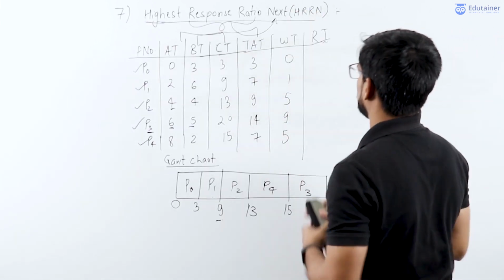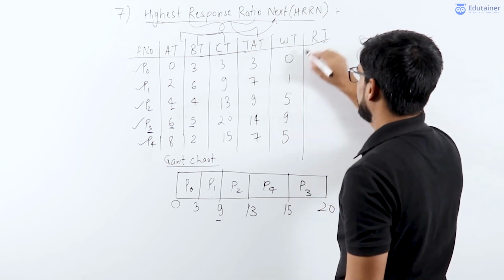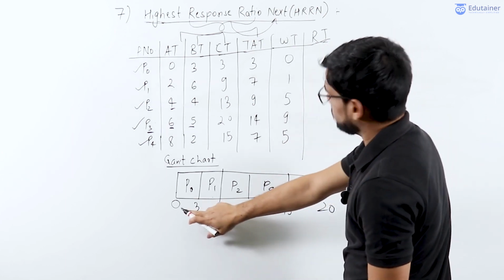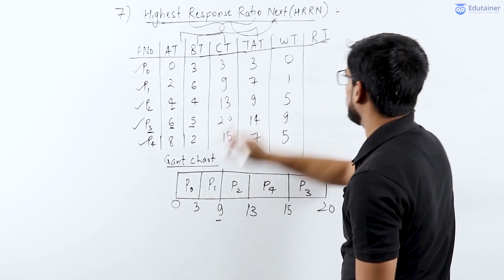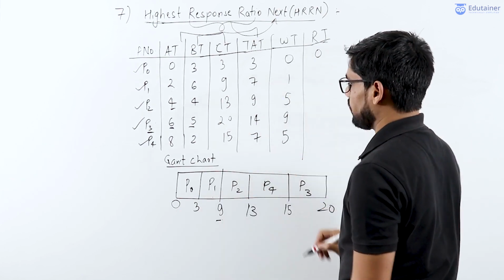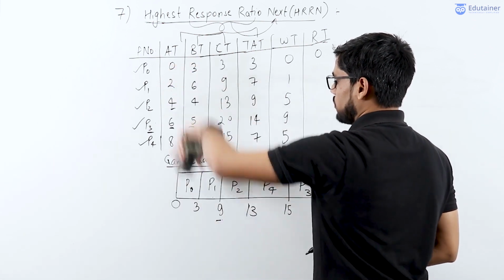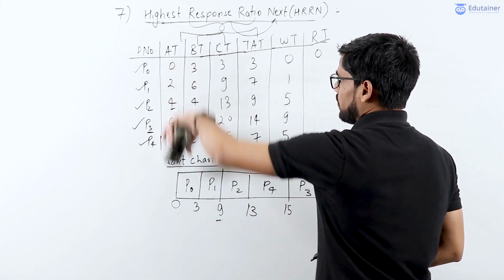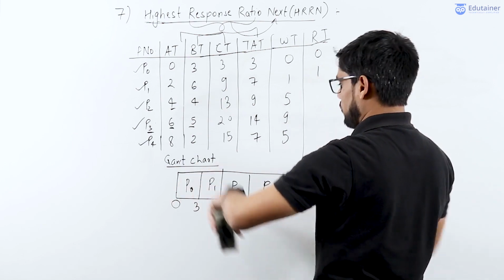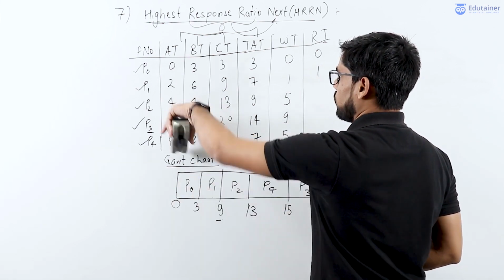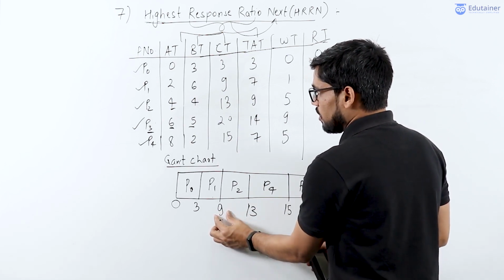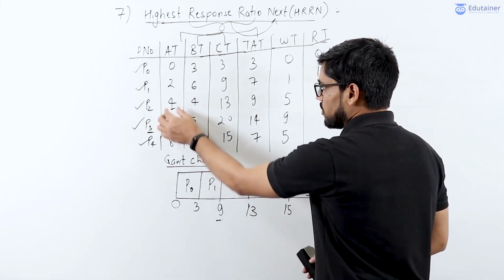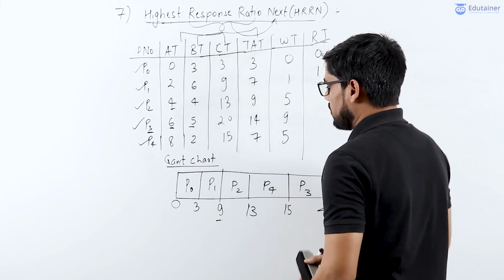No need to worry about it. So process P0 is scheduled first to the CPU, at time 0. So 0 minus 0 is 0, and process P1 is 3 minus 2, which is 1. Process P2 is 9 minus 4. So response time is nothing but this left hand number, subtracted with the arrival time. So 9 minus 4 is 5.